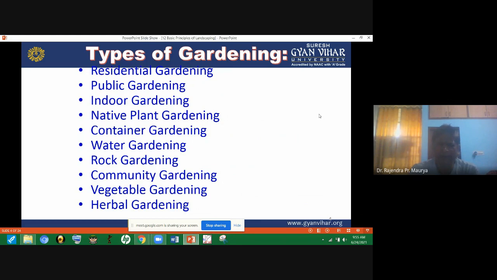Second one, public gardening. In urban areas and cities, a municipal corporation develops large gardens for the enjoyment of the public. In the case of indoor gardening, at your home, house, office, or factory, we can plant some ornamental plants in pots, trays, etc., and keep them inside.